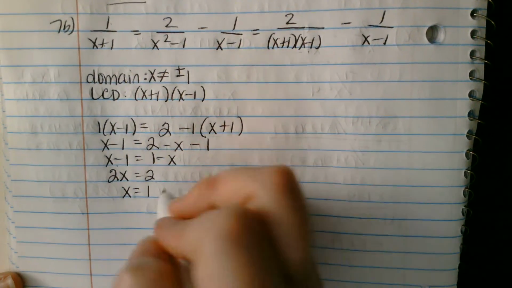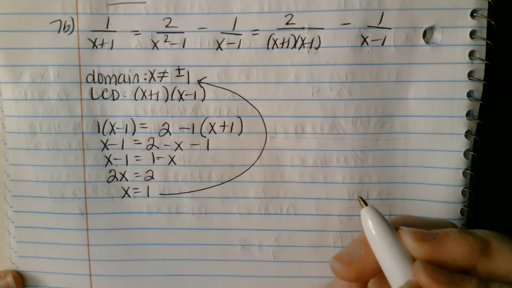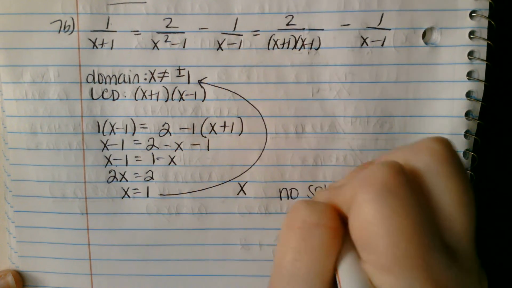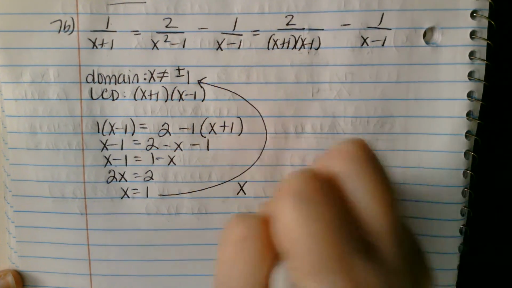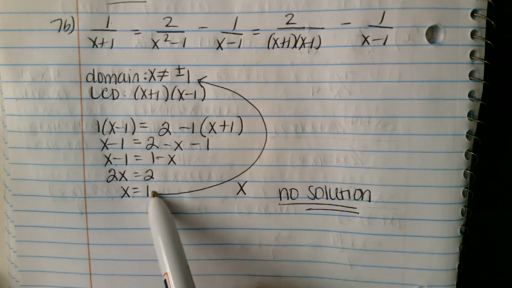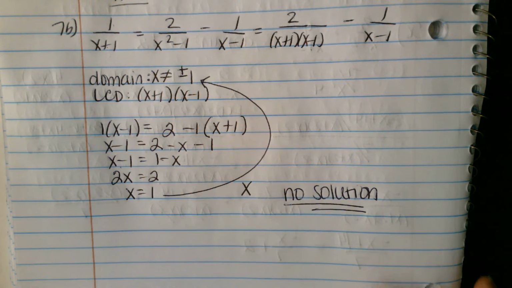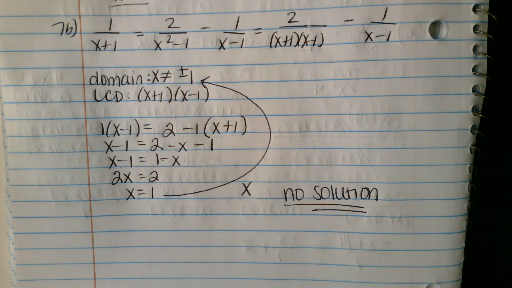But notice that x can't be equal to 1, which means there is no solution here. Even though we got an answer, it's not in the domain, so there is actually no solution to this equation.